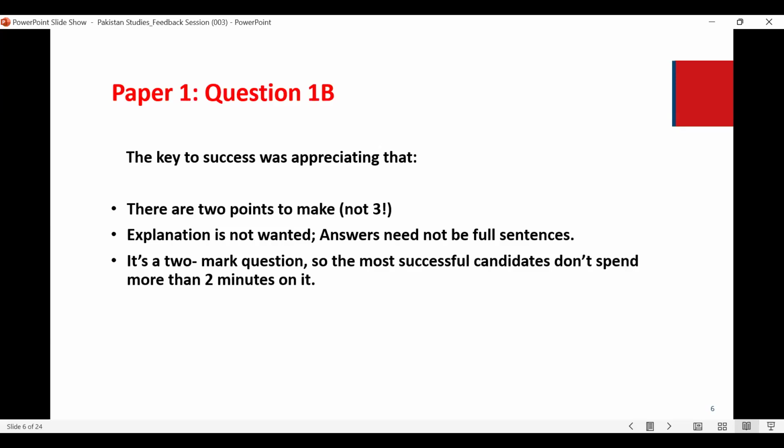They're only going to be marked on 2 points. Explanation is not wanted for this answer. The answers don't need to be, like the previous slide showed, in full sentences. It's a 2-mark question. So the most successful candidates this summer did not spend a lot of time on this and were still getting full marks. I would advise don't spend more than 2 minutes on it.